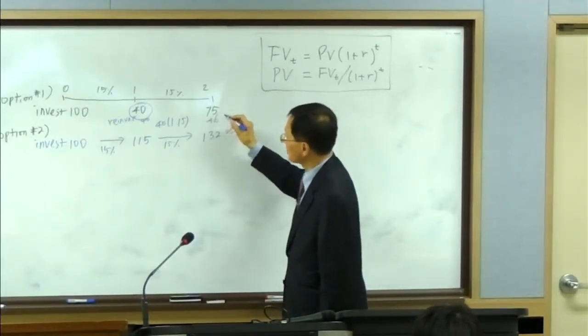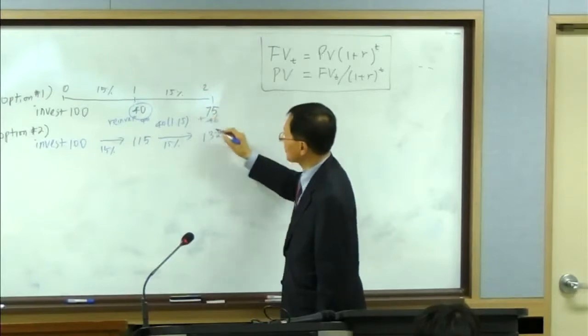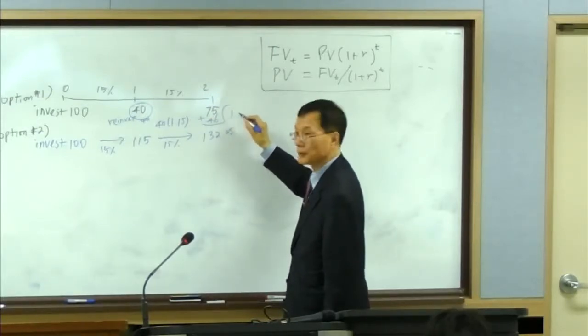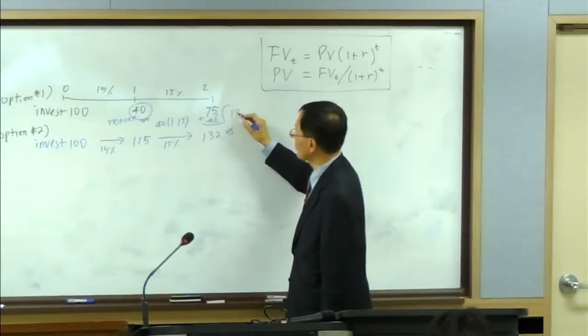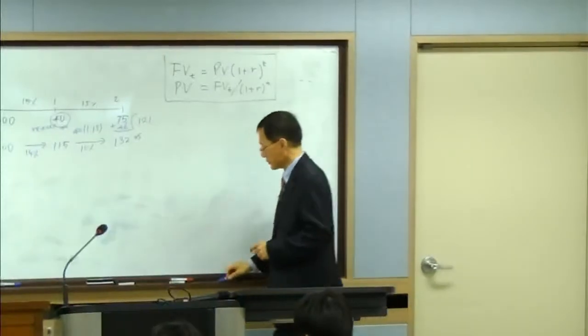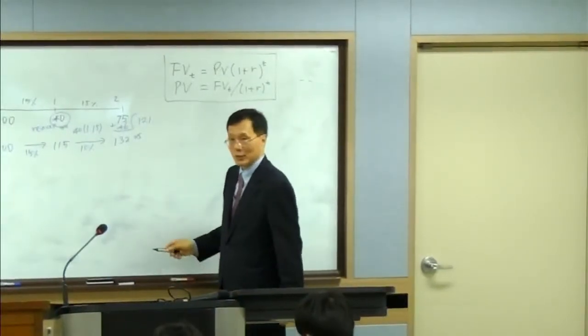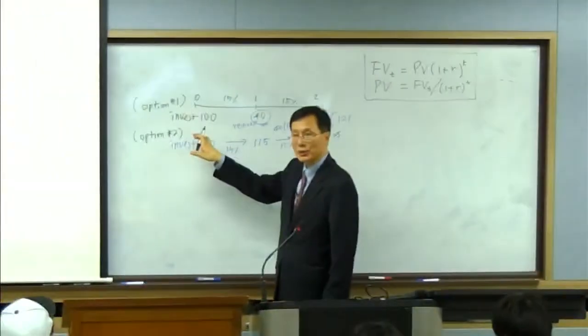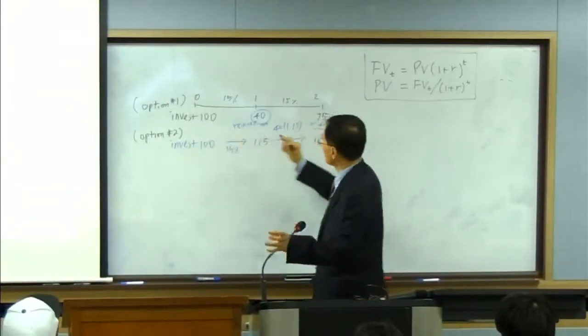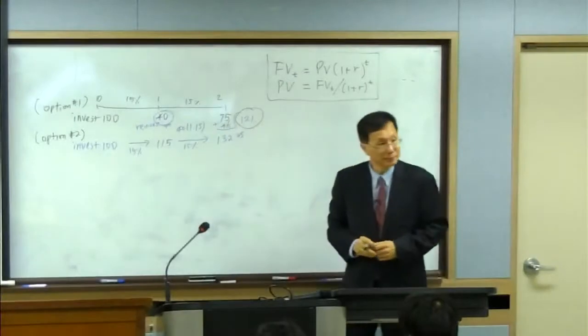46. So 46 plus 75. How much will that be? 121. So look at this. This is funny. If you follow your stockbroker's advice, your money, investing 100, it will become 121.